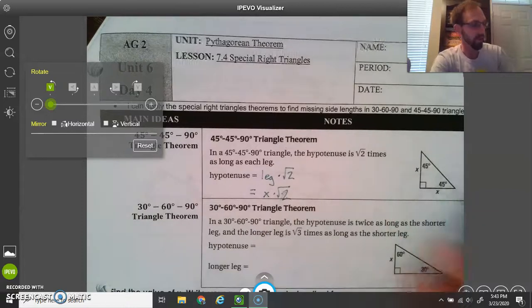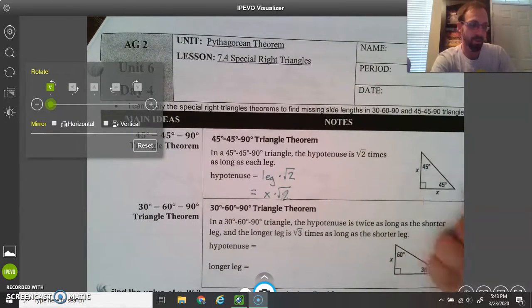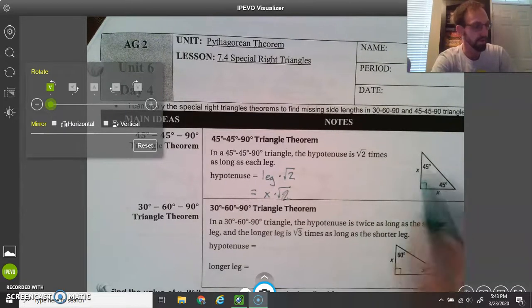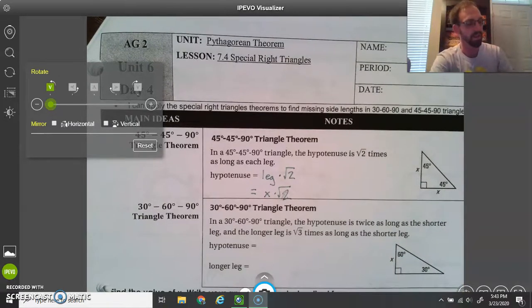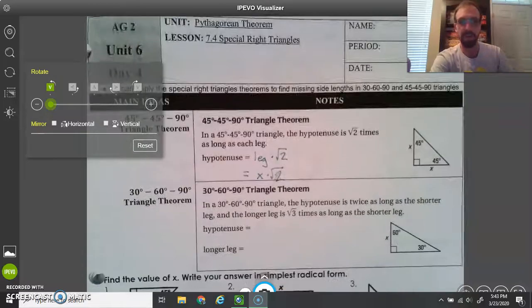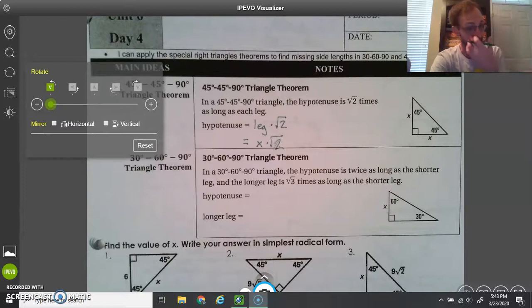So if you know that the length of one of these legs is 2, then the length of the hypotenuse is 2 times square root of 2. If the legs are 14, then the hypotenuse is 14 times square root of 2. The 30, 60, 90 triangle is a little bit different. In this triangle, the hypotenuse is twice as long as the shorter leg, and the longer leg is radical 3 times as long as the shorter leg.